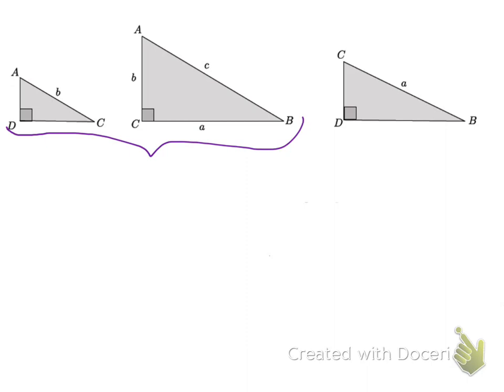And so what I'm going to start with here is some corresponding sides on these triangles. So the hypotenuse of the small triangle corresponds to the hypotenuse of the large triangle. And then I'm also going to write a ratio of the short legs of these two triangles. So that's going to lead to these ratios.